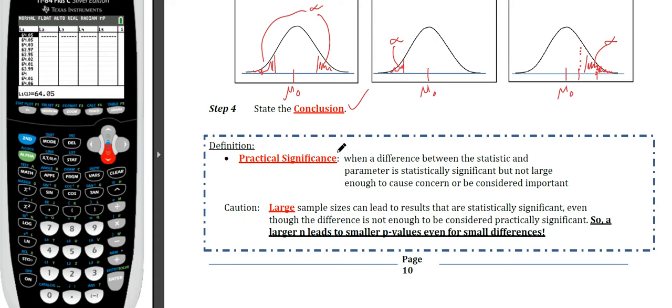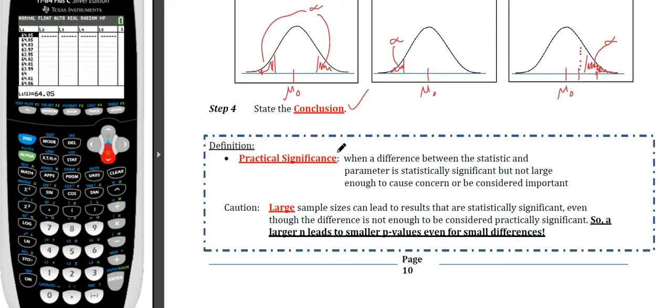For example, maybe I have the amount of raisins in a box of Raisin Bran, which is a cereal, and I think that the average amount of raisins in that is about 2 cups. And then I find that after doing some testing, maybe after testing 2,000 boxes, the mean is actually 1.99 cups of raisins.